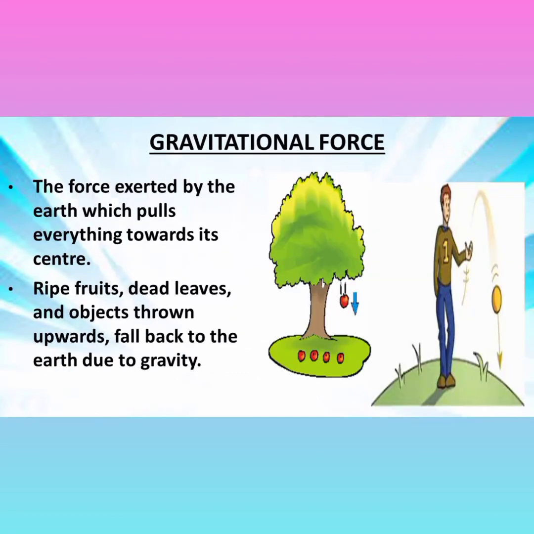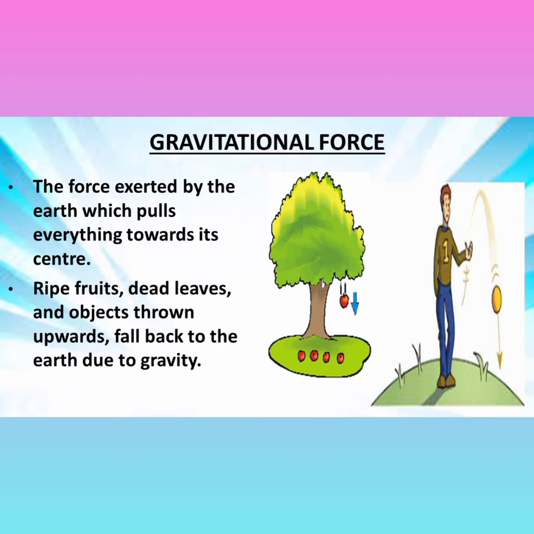What is gravitational force? The force exerted by the earth which pulls everything towards its center is called gravitational force. Ripe fruits, dead leaves, and objects thrown upwards fall back to the earth due to gravity.